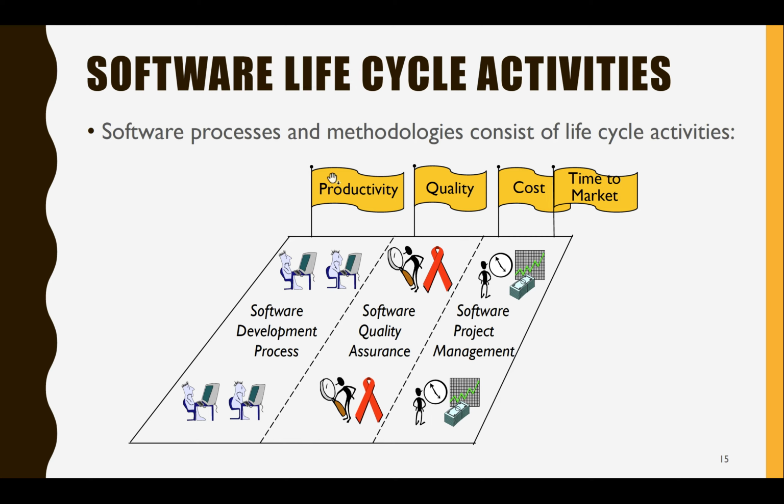They affect the programmer's productivity, software quality, and the cost and the time. The author abbreviated these four elements as PQCT. When you see PQCT in the textbook, you know the author is referring to programmer's productivity, software quality, the project cost, and time to market.